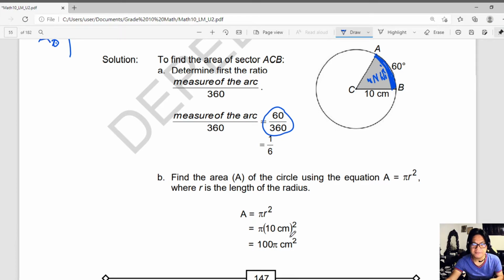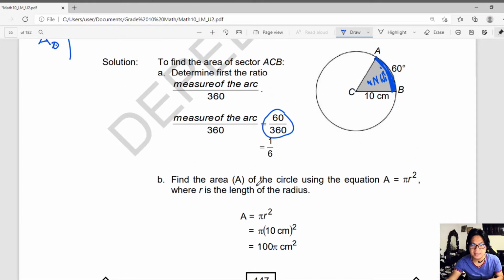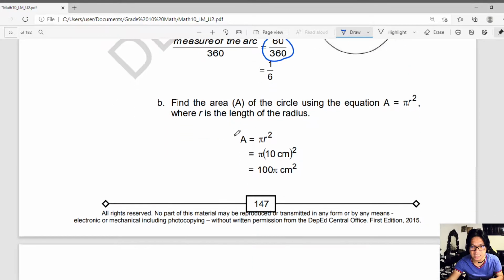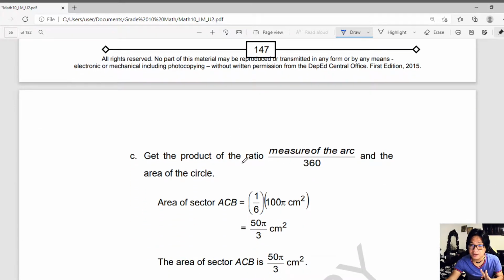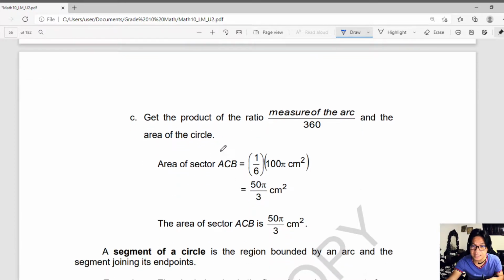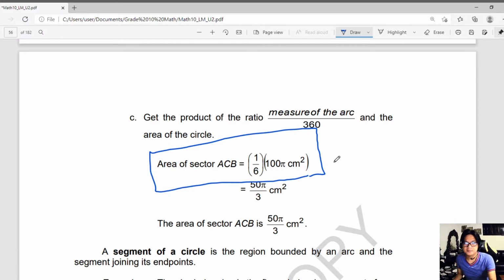So na-identify na natin yung area ng circle and the measure of the arc over 360. And after that, yung panghuli is get the product of the ratio, measure of the arc, and the area of the circle. So ito na yung binigay ko kanina sa inyo na formula. Area of sector of ACB.